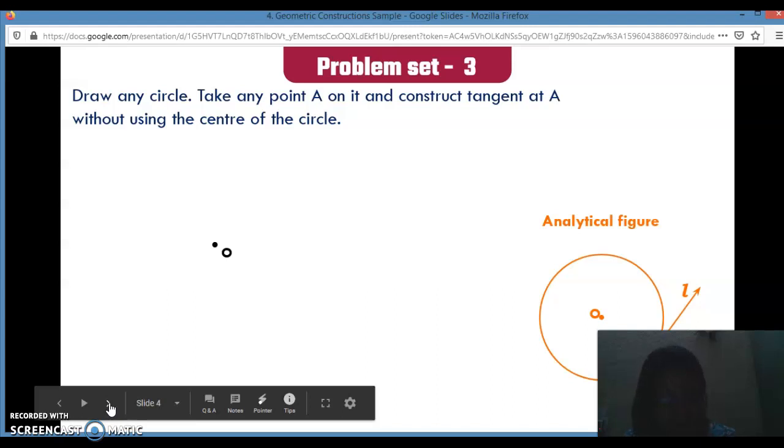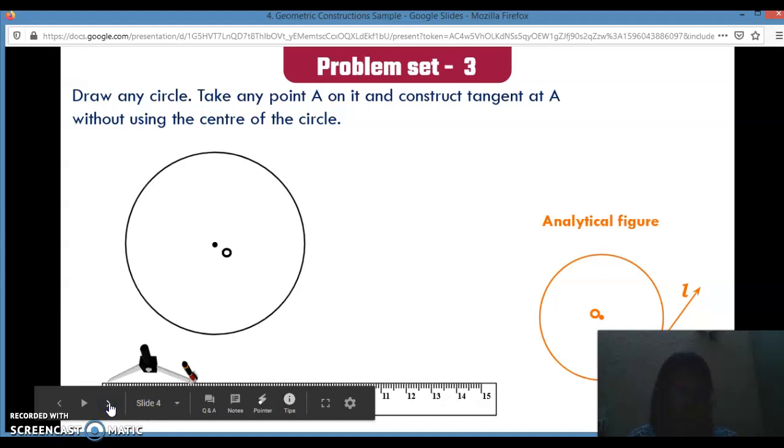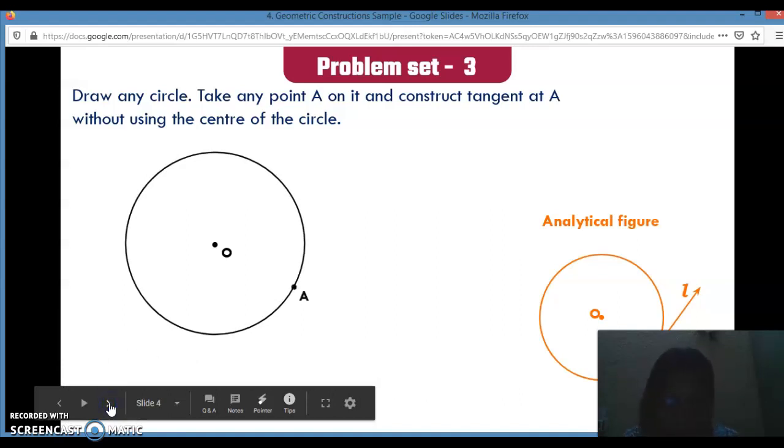So now we will start drawing our construction. You will take any radius and draw a circle. Then you will take point A, and as I have told you earlier, you will have to take 2 more points on the circle.